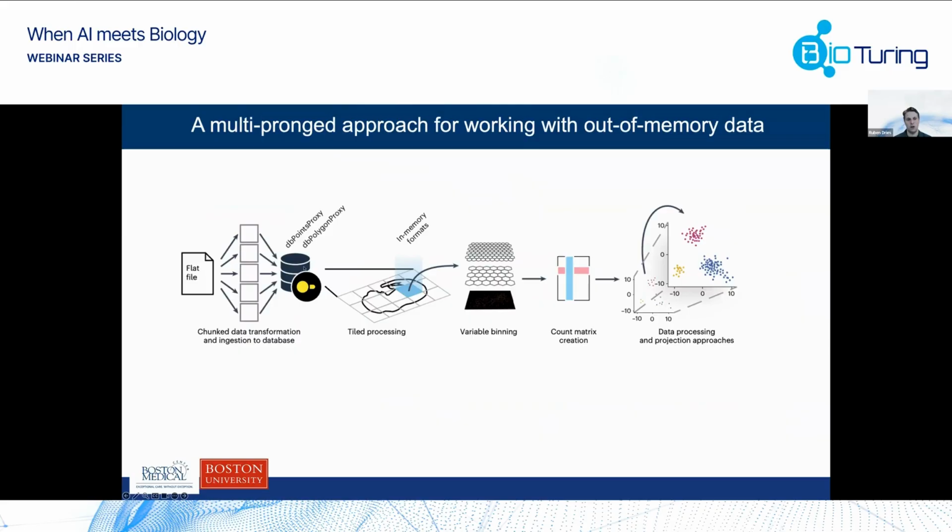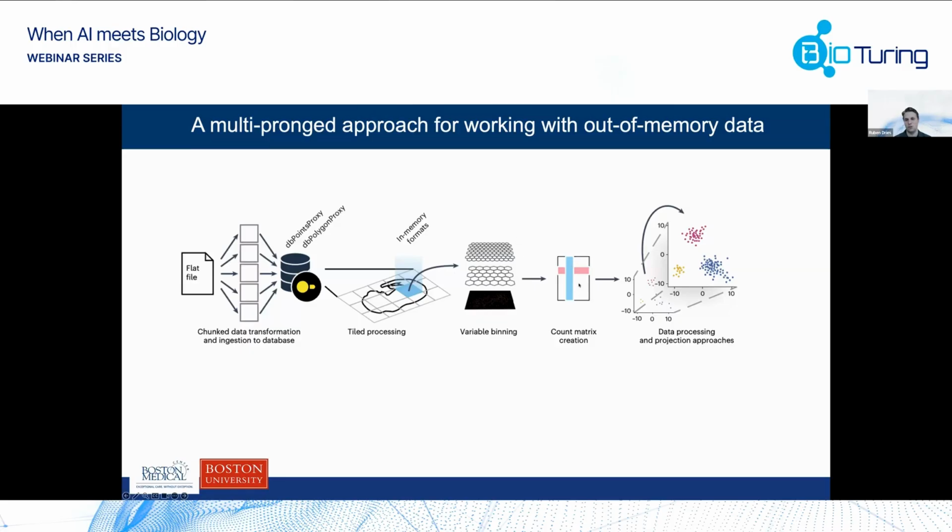We are working on storing some of the data in a database. And then we have ways to do tile processing, which has been around in the spatial field for a longer time. As I said, we have this variable binning, so you can make rasters at different resolutions. And I'll show you an example of that.